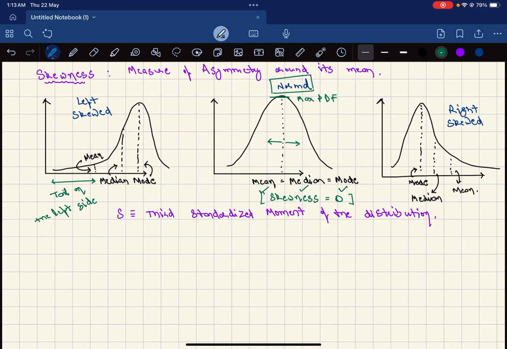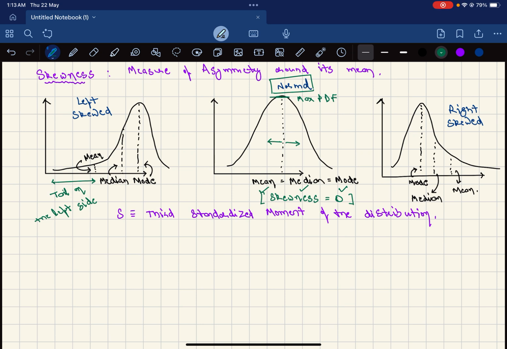Now in financial applications, a left skewed distribution could be more relevant because it denotes that there is a higher chance of rare and large losses than one would expect from historical data.